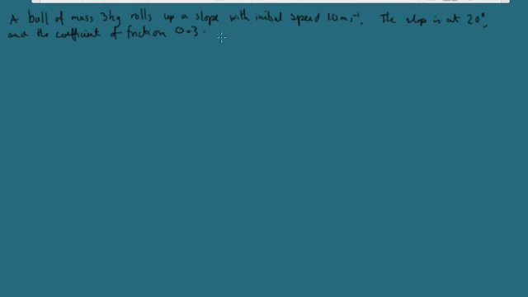So we're going to model the ball as a particle. And we want to find the distance up the slope when the ball comes to rest.